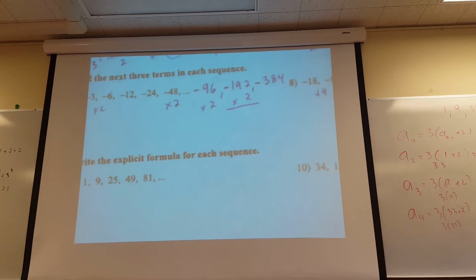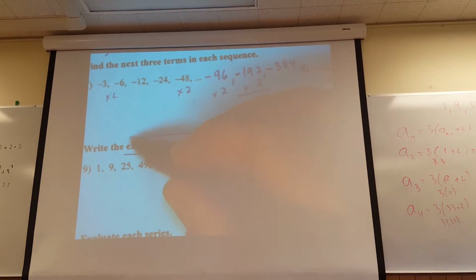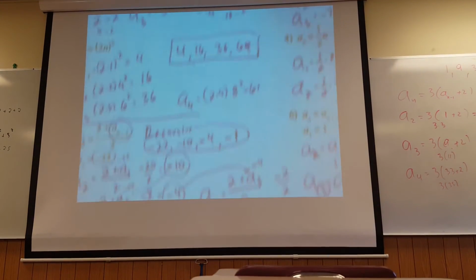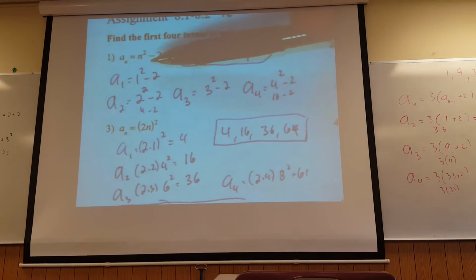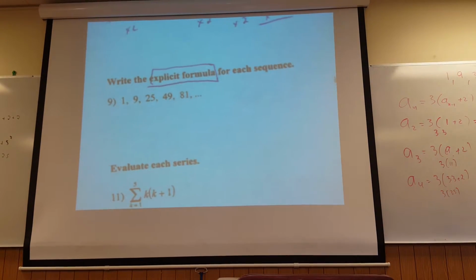All right, now this is the explicit formula, that's the formula up here like on number 1, n squared minus 2. That's the formula that we want to find, okay?